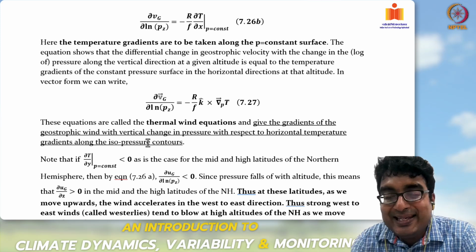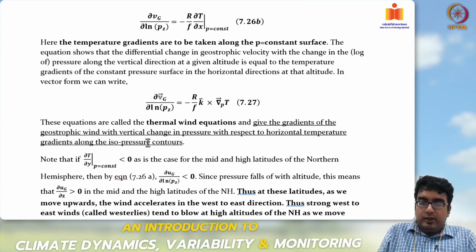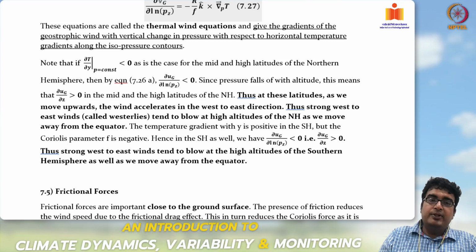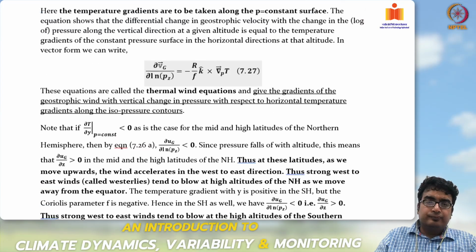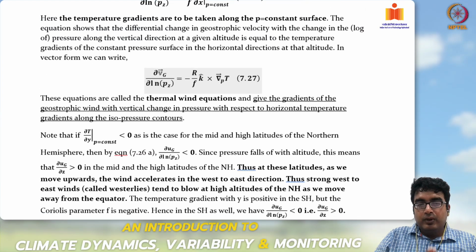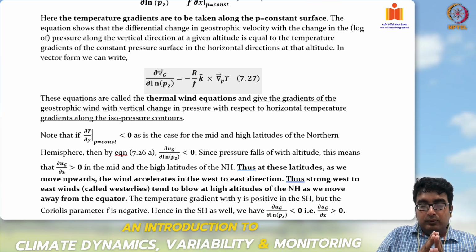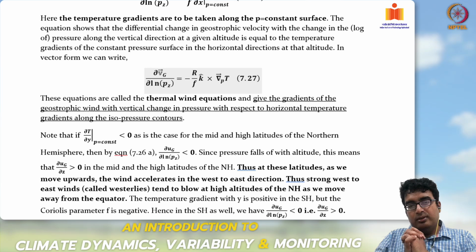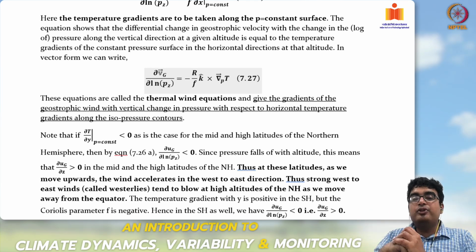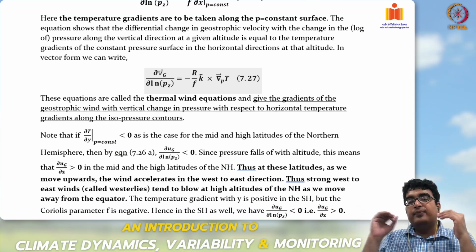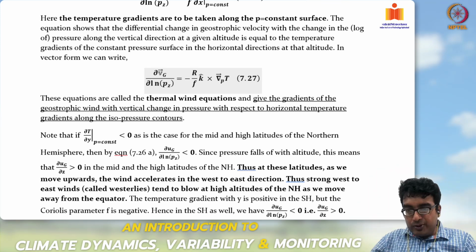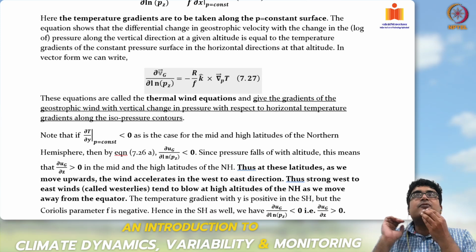So why is this important? So we will close our lecture after understanding the physical sense of this. The gradient of temperature in the meridional direction is less than 0 in the mid to high latitudes in the northern hemisphere. Why? As you move from the equator towards high latitudes, clearly the temperature is falling.